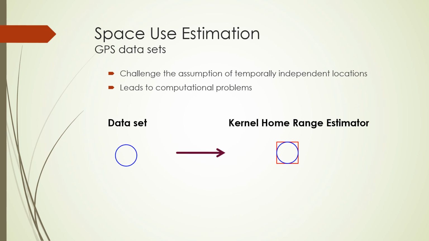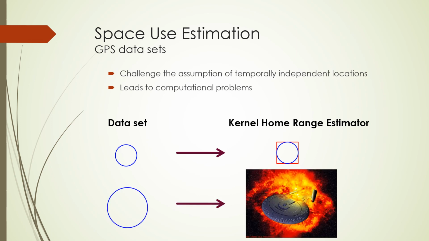For modest data sets that we often get from VHF studies, the kernel home range estimator does a good job, but when you get these huge data sets associated with the GPS collars, the estimators just basically blow up. So in the next lecture, we'll focus on the new approach called the Brownian movement estimator that can deal with these kinds of data sets with lots and lots of data points.